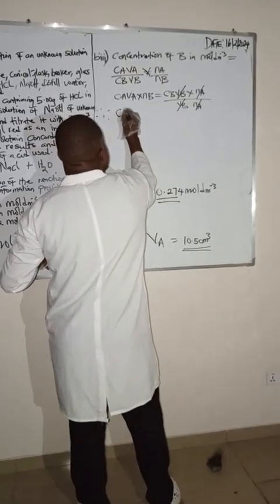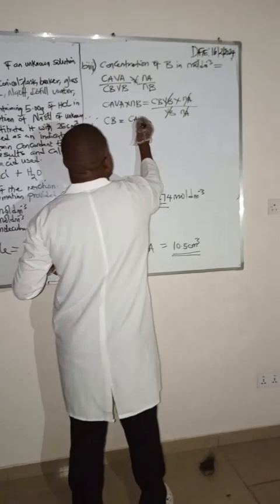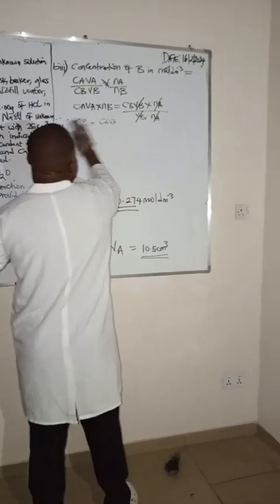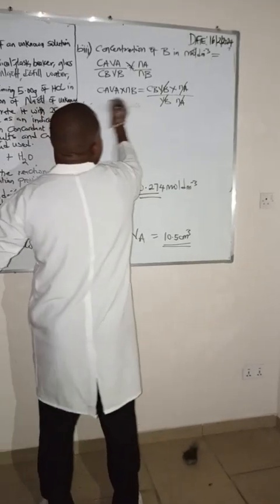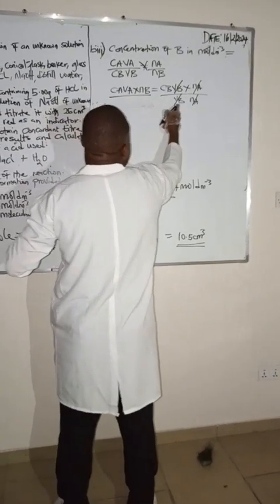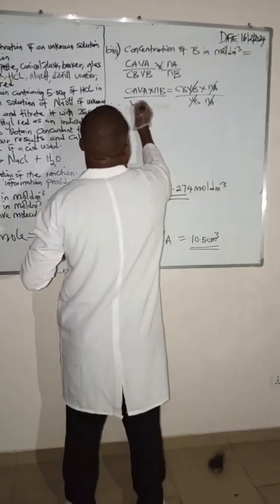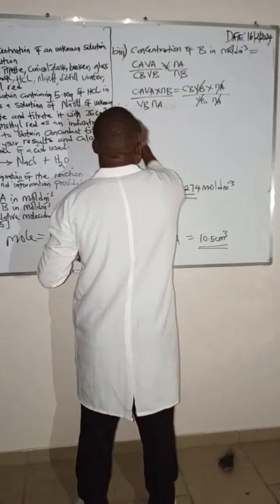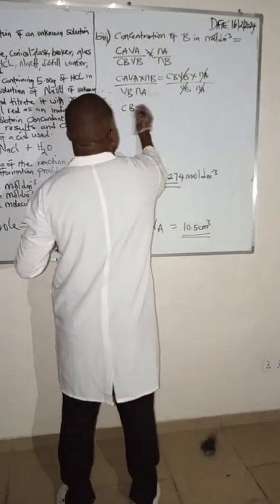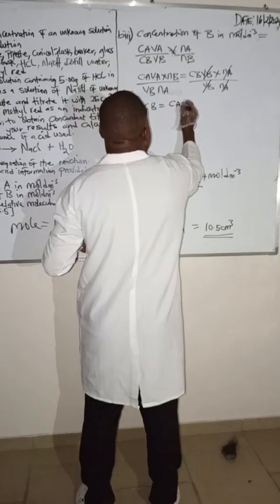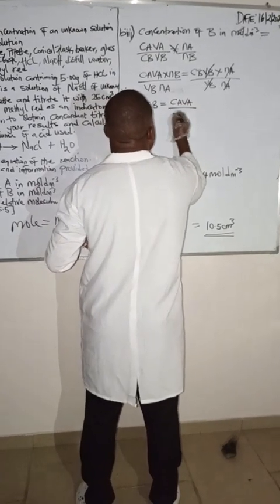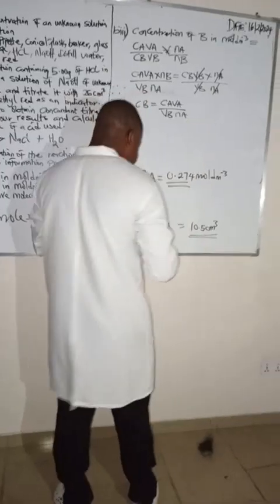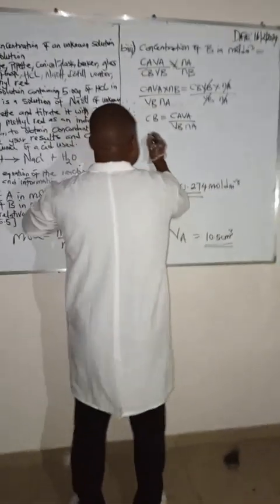So therefore, CB is equal to CAVA all over VB NA. You get that? Yes, sir.